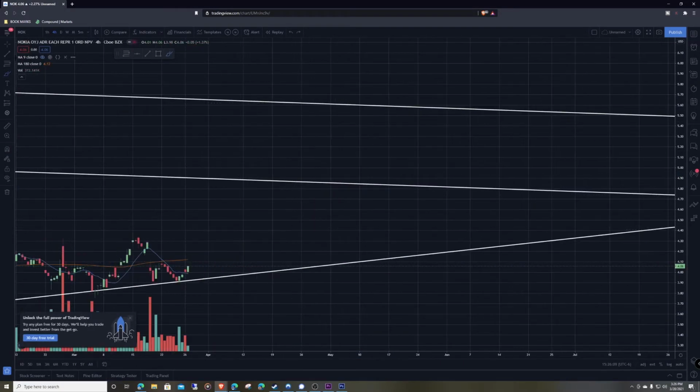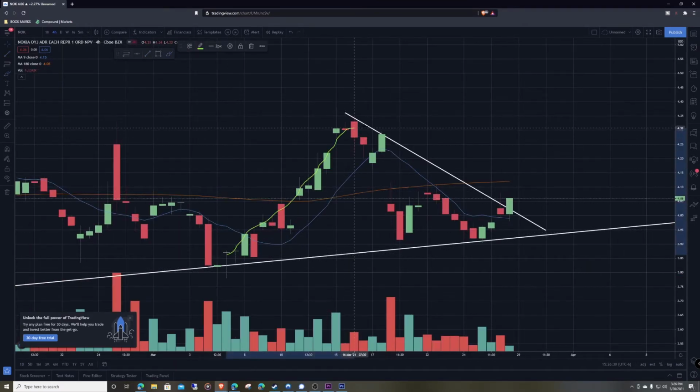If you draw a trend line from this red candle to this red candle right here, you can see the price came up, got resistance, came back down, caught support, resistance, support, resistance, and it looks like it's breaking out right now. The moving averages are kind of in the way of it though, especially the 180 on all these time frames. Look at the 4 hour. This is the 180 moving average. It looks like it's about to come in contact right there.